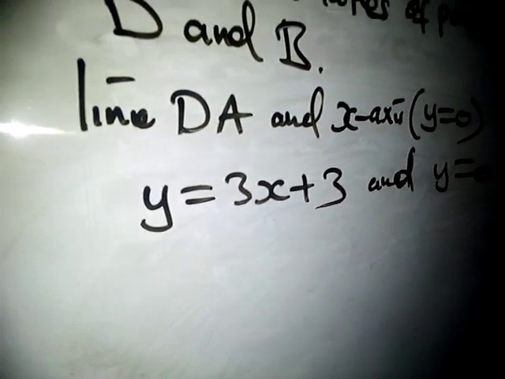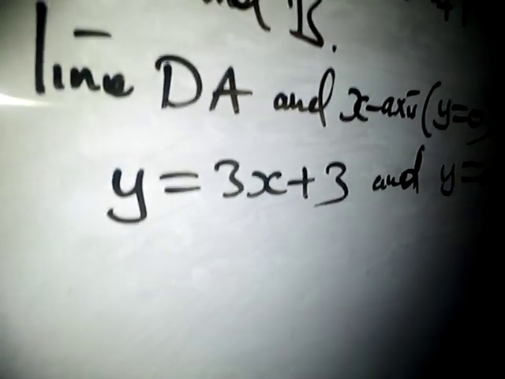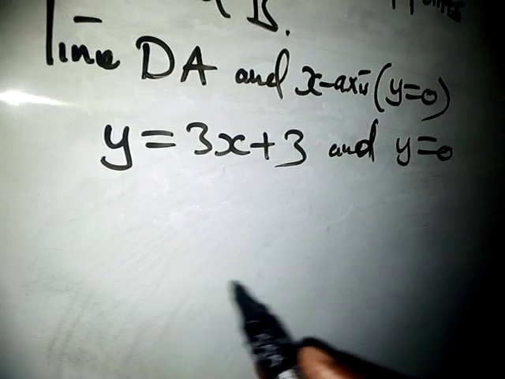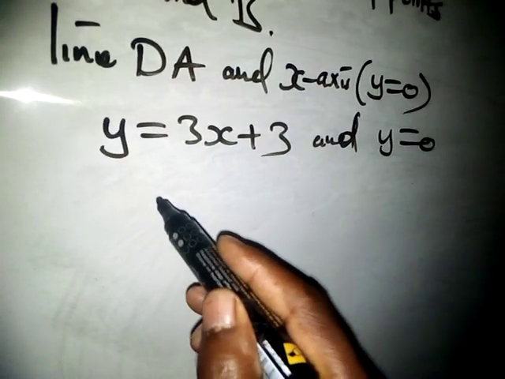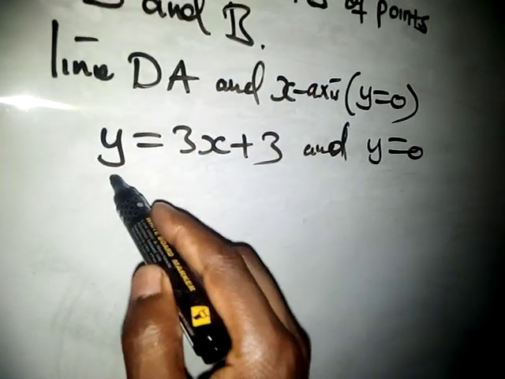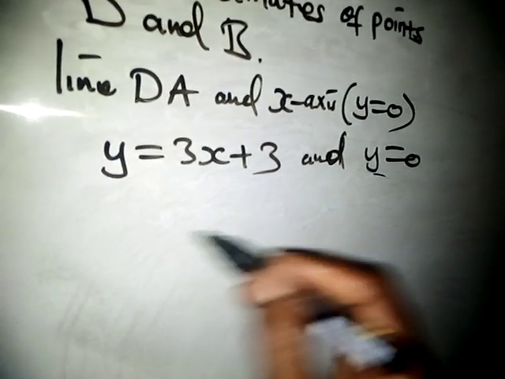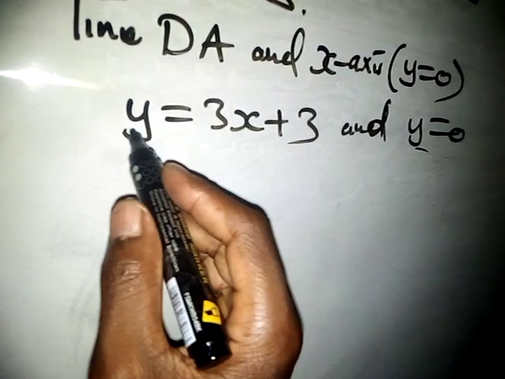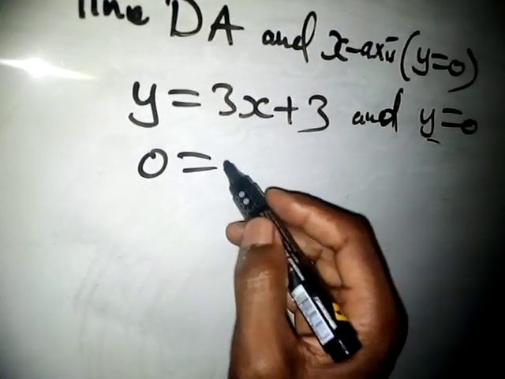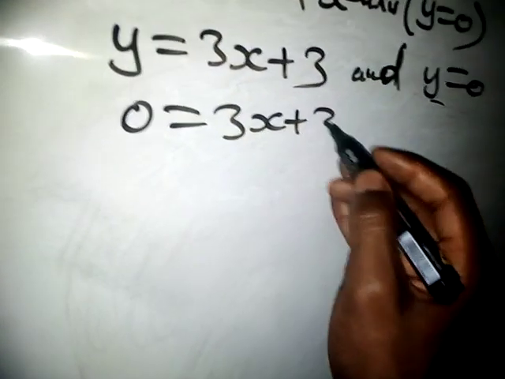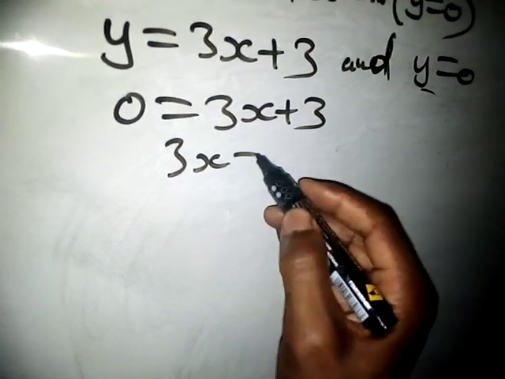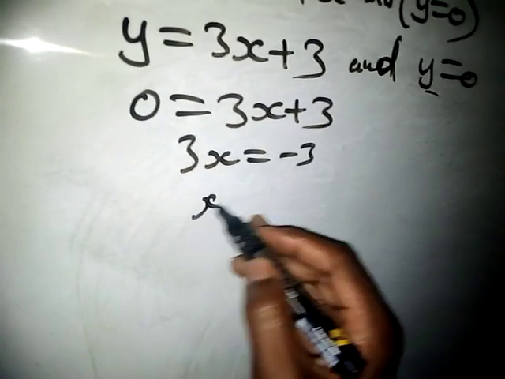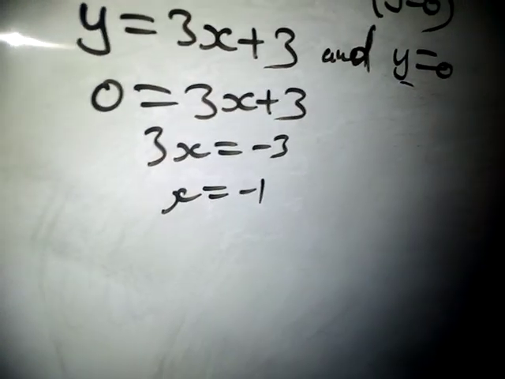So now I want to figure out the coordinates of point D. We just have to appreciate the fact that the two lines meet at point D. So where I've got the y, we're going to put a 0, and this will equal 3x plus 3. Then 3x equals -3, so x equals -1.